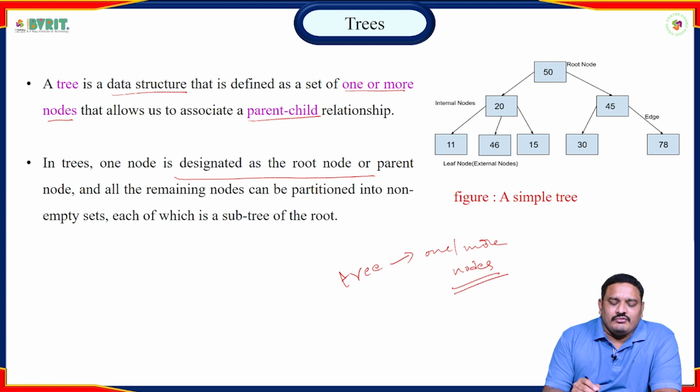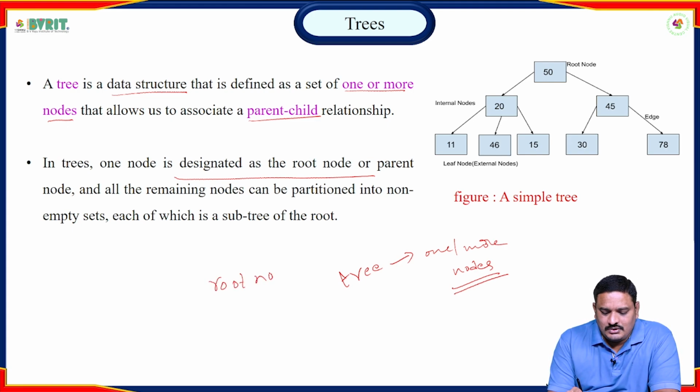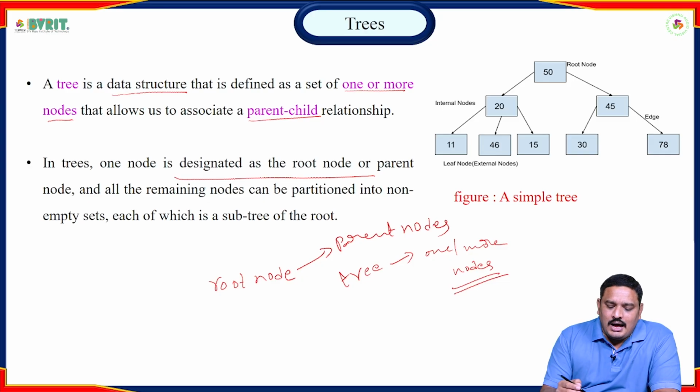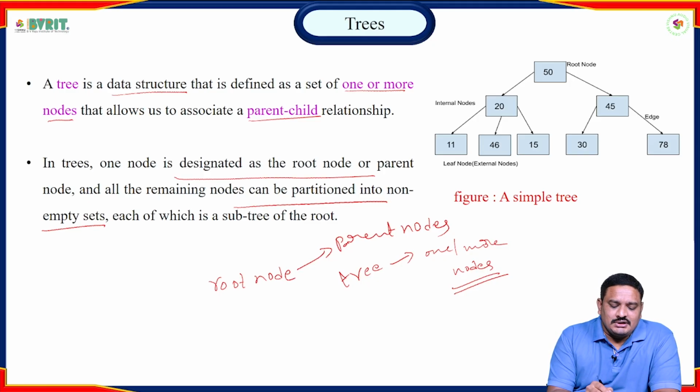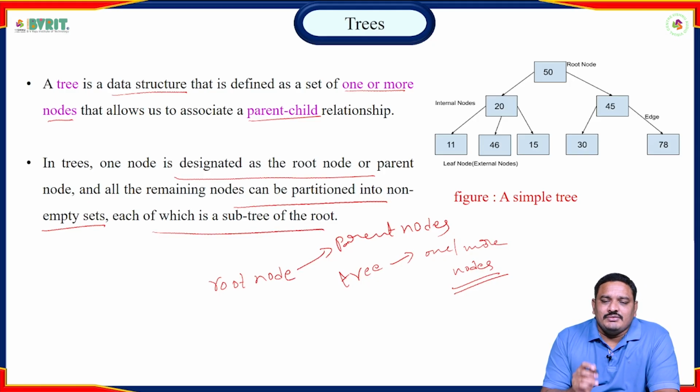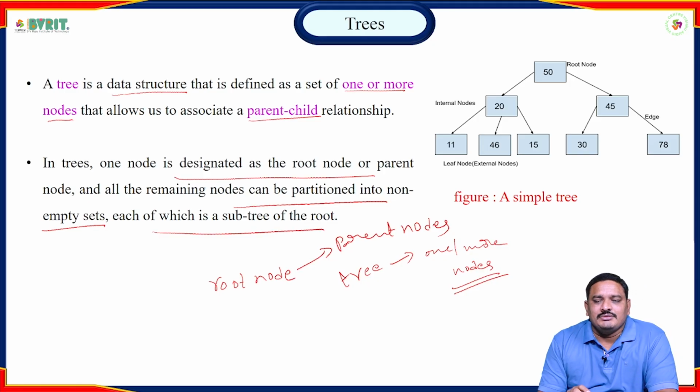Initially, the node of any tree is called the root node. This root node is also known as a parent node. All remaining nodes can be partitioned into non-empty sets, each of which is a subtree of the root node.